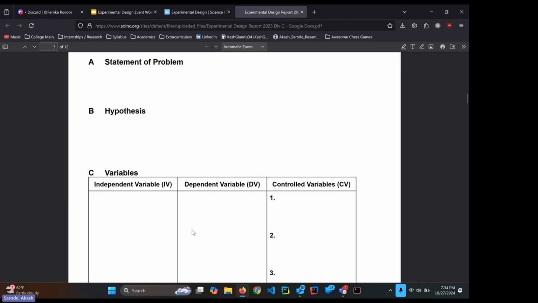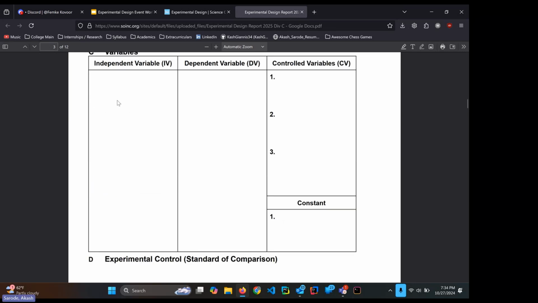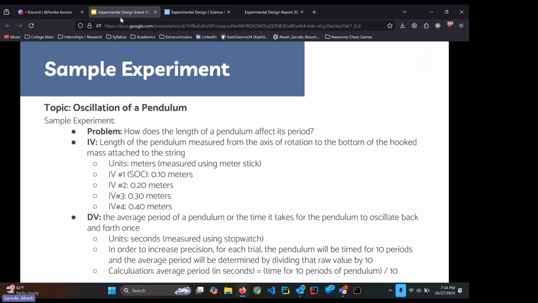This is the template that you're going to be writing down as you come up with your experiment. So in this section for independent variable, I would write down first the units that you're using to measure your IV. Then I would write down the IV levels. So for IV level 1, I'd write 0.10 meters, then 0.20 meters, 0.30 meters, 0.40 meters.